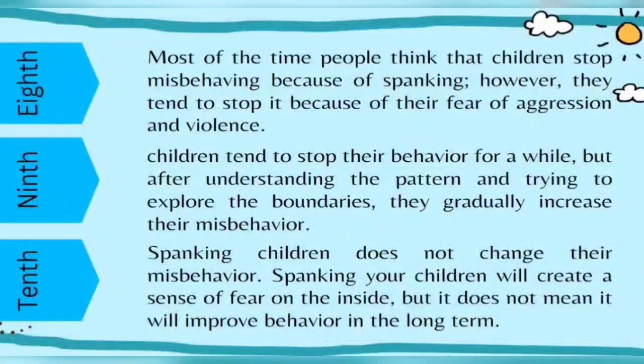You need to show evidence, proof that what you are trying to say is correct, trying always to convince our reader. The second idea will be, children tend to stop their behavior for a while, but after understanding the pattern and trying to explore the boundaries, they gradually increase their misbehavior.